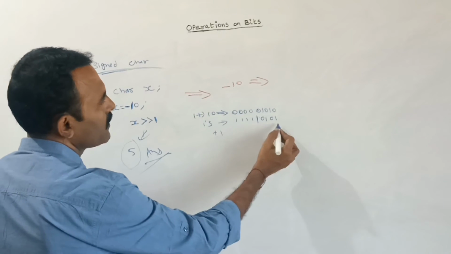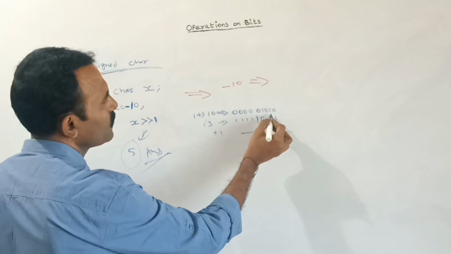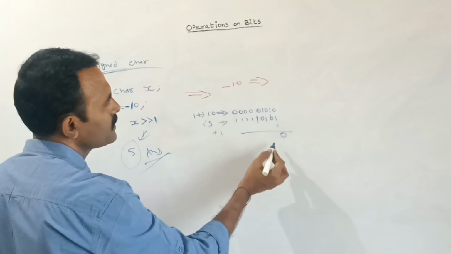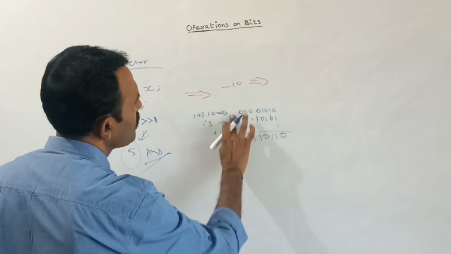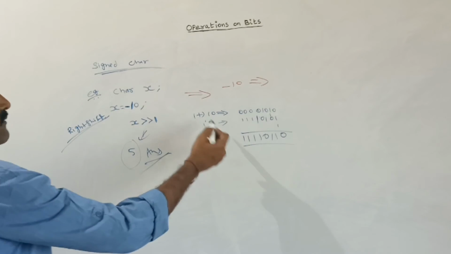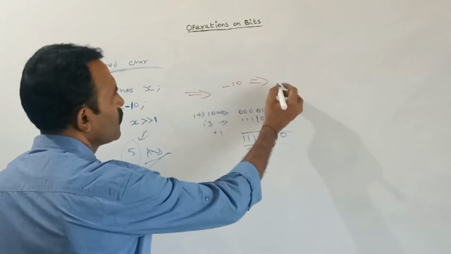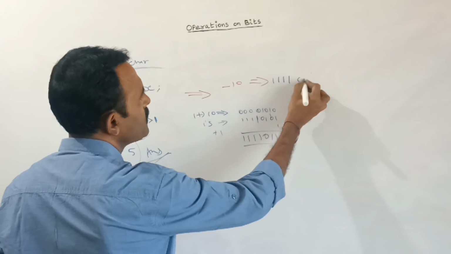Now add 1. 1 plus 1 is 10, so 0 and 1 is the carry value. 1 plus 0 is 1. So this is the binary value of minus 10.